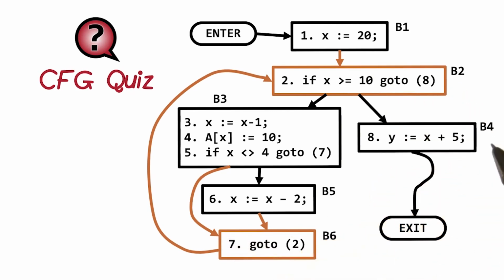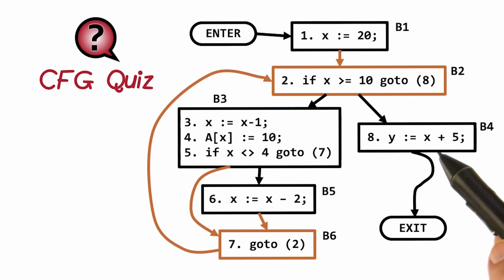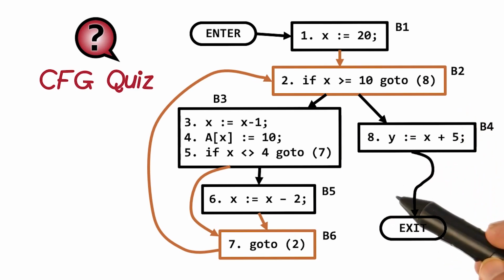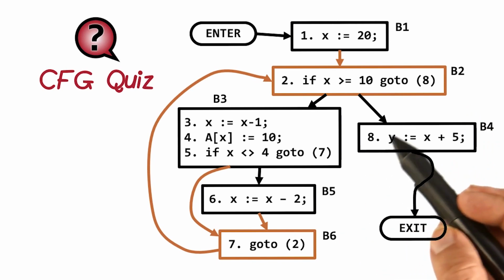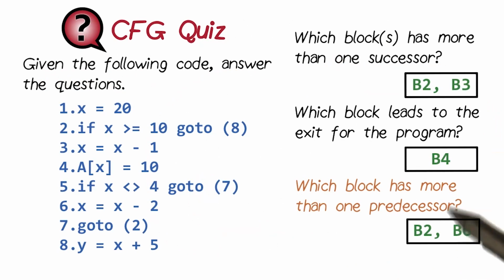Each one of them has two incoming edges. All the other blocks have just one incoming edge, so they don't qualify, and therefore the answer to this question is B2 and B6. And so that completes the quiz. Please check your answers. Again, make sure the control flow graph that you have gotten matches the one which we have there.